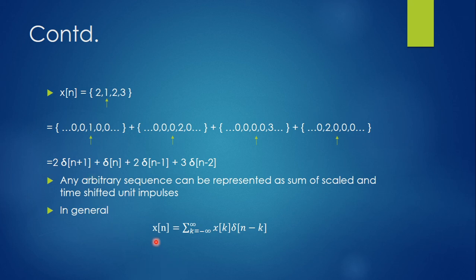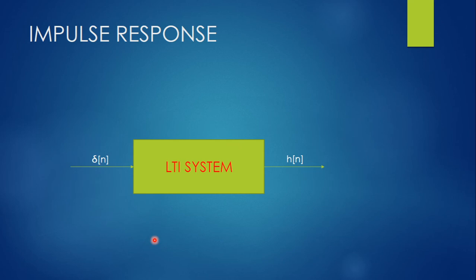So in general, any arbitrary sequence, not a particular sequence, can be represented as a sum of scaled and time shifted unit impulses. This is a very important property of discrete sequences, that they can be represented in terms of the impulse decomposition. Now, we will see what is the advantage of this.